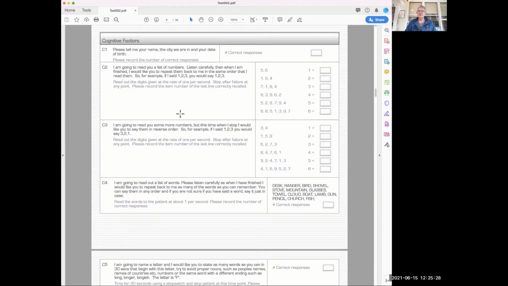A rule of thumb is that every letter or word or number, the rate that you speak should not be more than 1 per second. Also, we have the exact instructions of what to say on the form, and I will demonstrate this now.